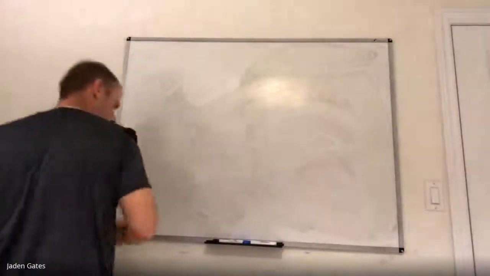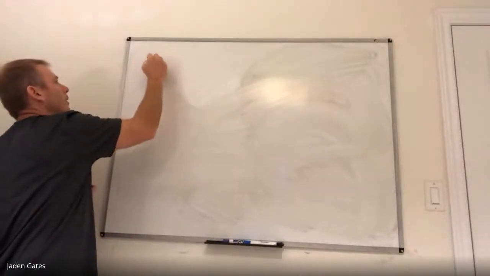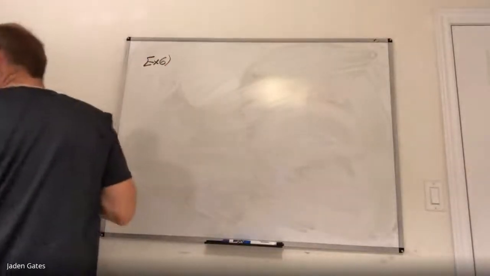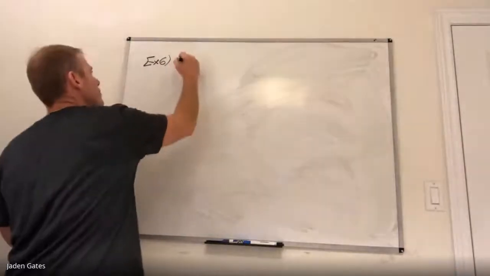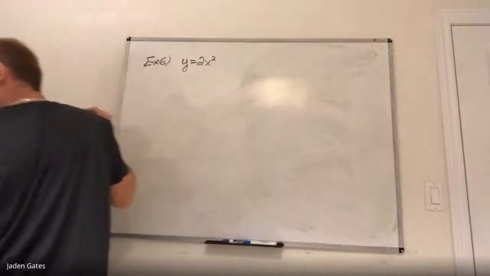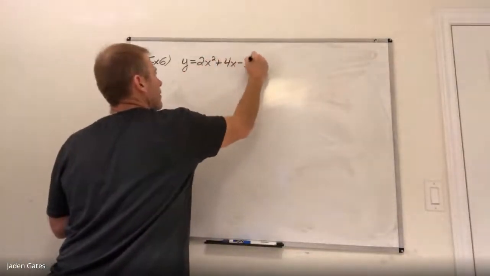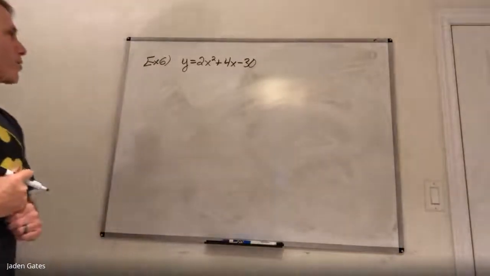All right, so we got example number 6. And our parabola this time is y equals 2x squared plus 4x minus 30.